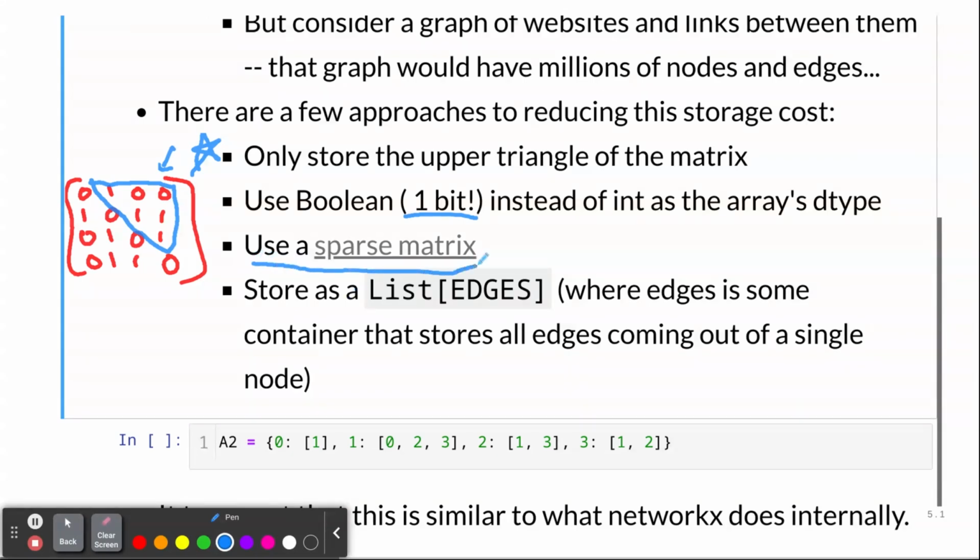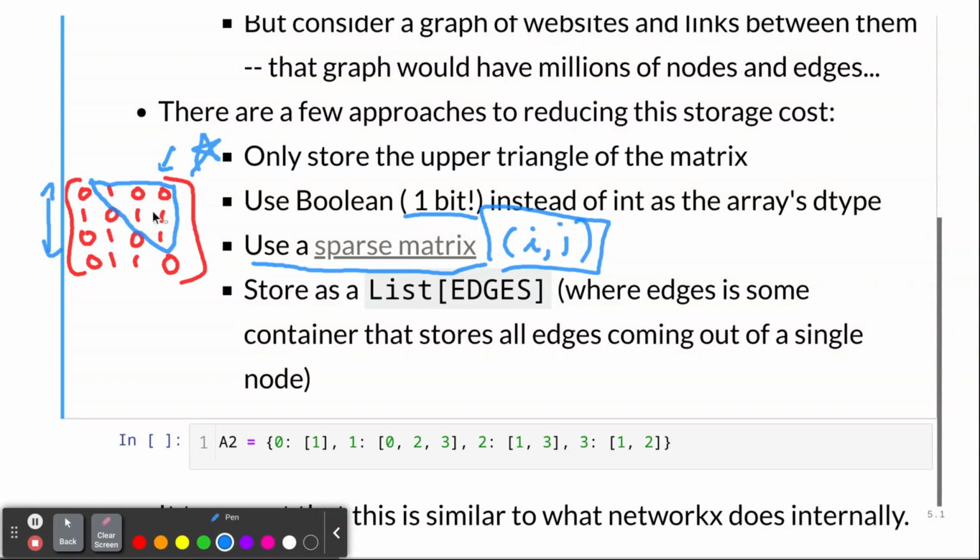Another valid approach would be to use a sparse matrix. And here what you would do is, instead of storing the whole matrix like we've done here, you would instead store i and then j. You would store a list of ij's only for the ij's that are non-zero.